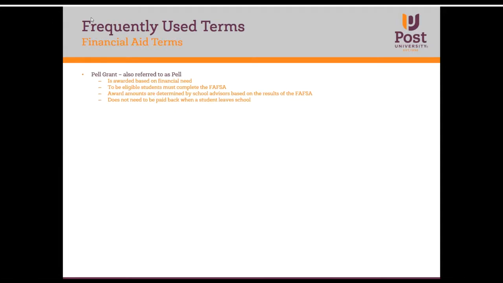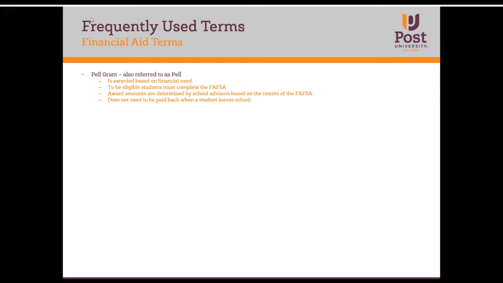So now we're going to get into some more financial aid terms. Students are very interested, and we'll go through all of them, in the different types of funding they have. So the first type of funding is called the Federal Pell Grant. It's also referred to as Pell. This award is done based on a student's financial need. In order to receive the Federal Pell Grant, a student has to complete a FAFSA. And I would assume that most of you have already completed a FAFSA if you've already begun classes and are watching this webinar.